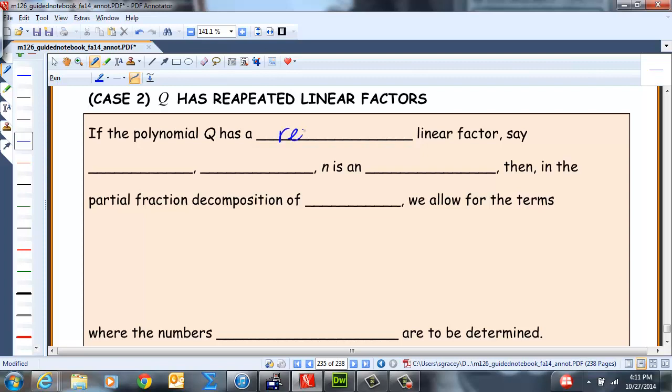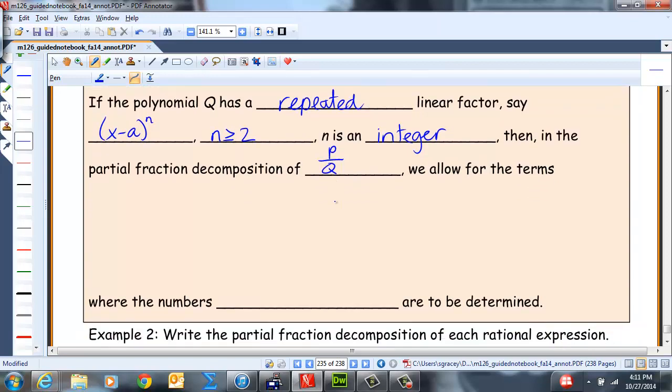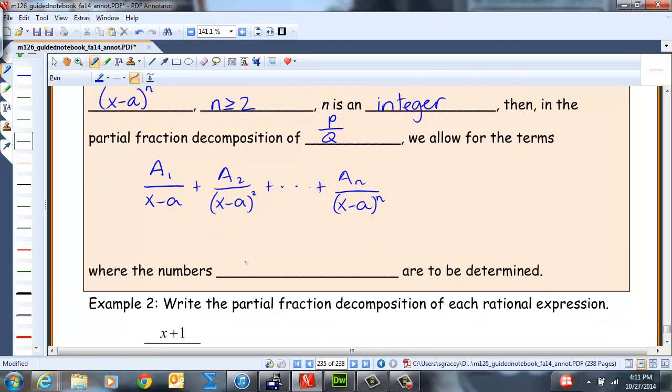So if the polynomial q has a repeated linear factor, say (x minus a) raised to the n, where n is greater than or equal to 2 and n is an integer, then in the partial fraction decomposition of p over q, we allow for the terms a1 over (x minus a) plus a2 over (x minus a) squared plus dot dot dot plus a sub n over (x minus a) to the nth power, where the numbers a1, a2, all the way down to an are to be determined.